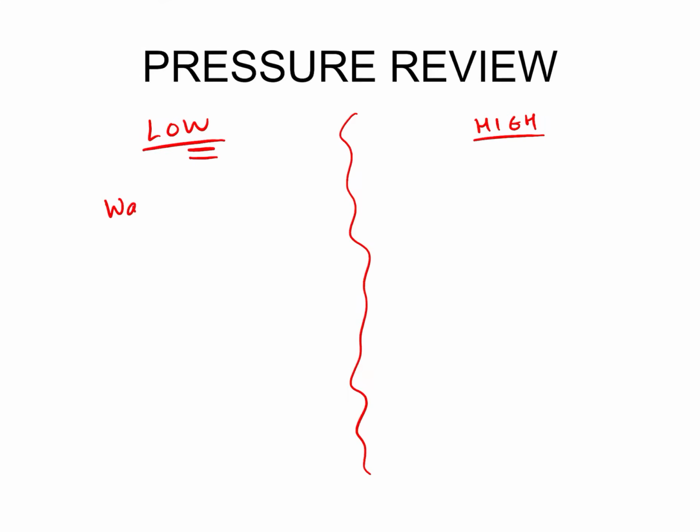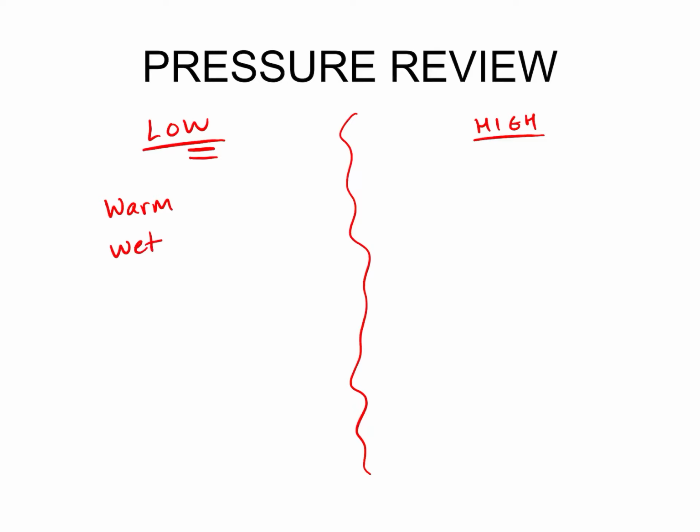So before we get into our do now questions and the lesson, I just have to review pressure with you. I told you that this is the most important part of weather, and if you know this, you know everything. All right, low. That W is really important because that lets you know that low pressure systems are warm temperatures and wet in terms of humidity.